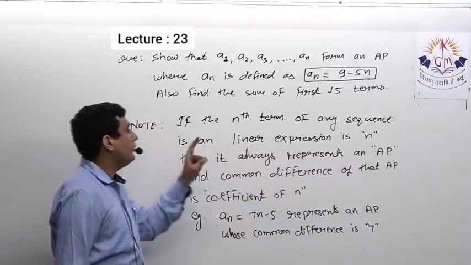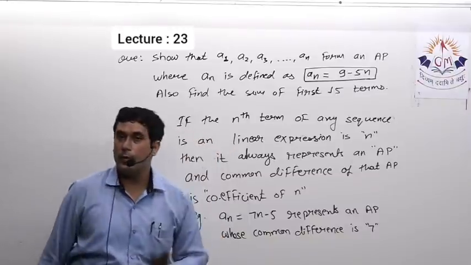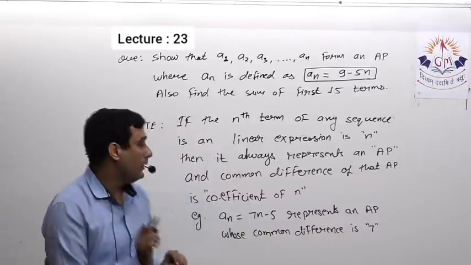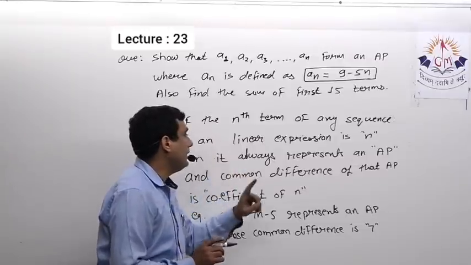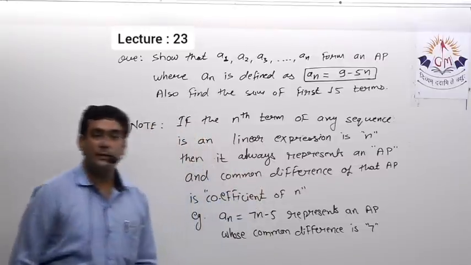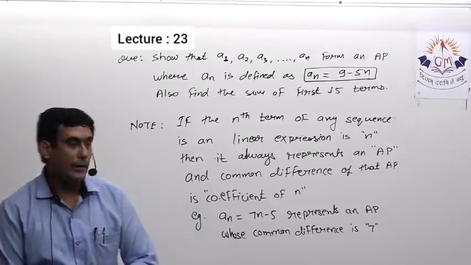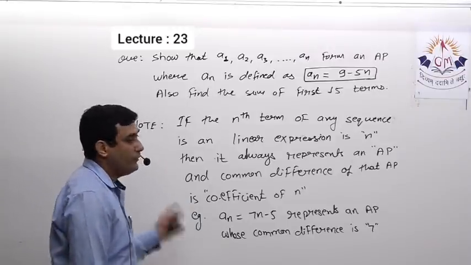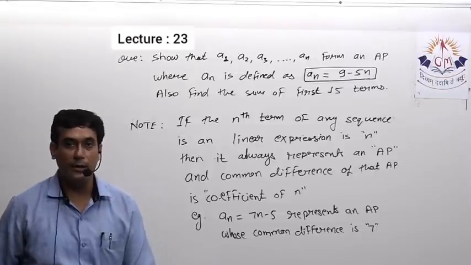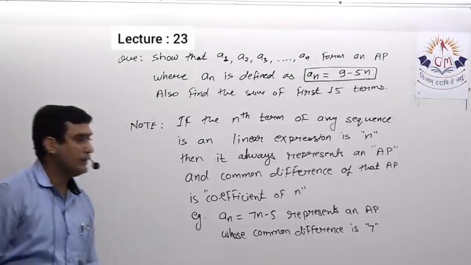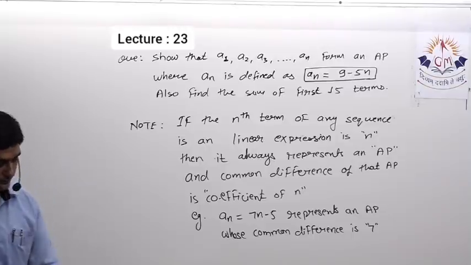So whenever you find that the nth term of any sequence is a linear expression in n, remember that definitely that sequence represents an AP, and the common difference of that AP will be the coefficient of n. So please note it down, then we'll see the next question.